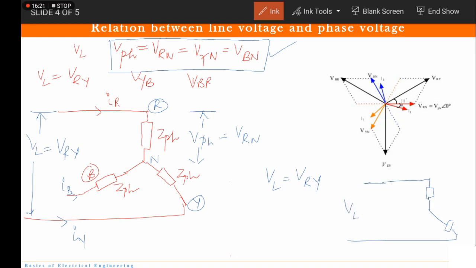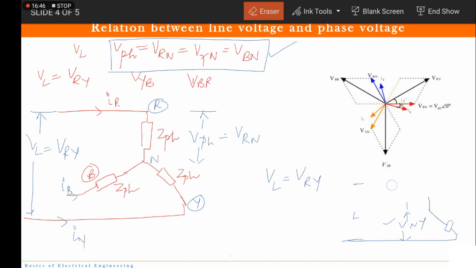So this is VL, this is VRN, correct, this much, and this much is VNY, right, and this much is VL. So we can very well conclude that this VL is nothing but the sum of these two voltages, VRN and VNY, right?